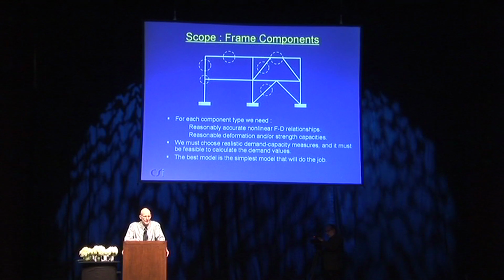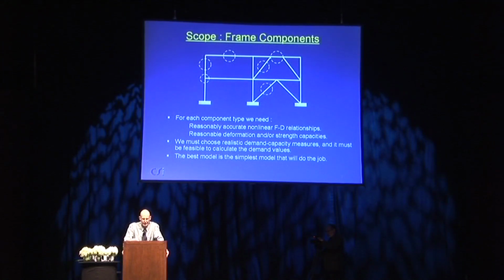And so we'd like the stiffnesses to be reasonably accurate also. So a reasonably accurate nonlinear force deformation relationship. Incidentally, we have factors of safety to cover uncertainty, and there always will be uncertainty. And then secondly, we need reasonable deformation and/or strength capacities.